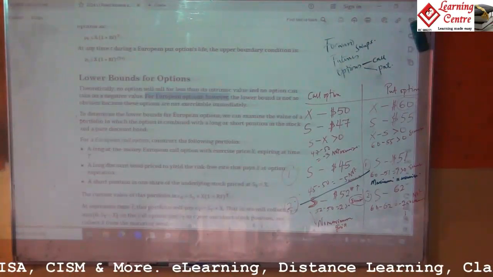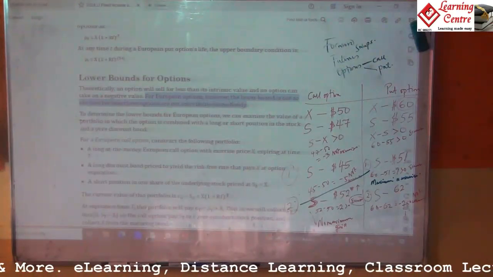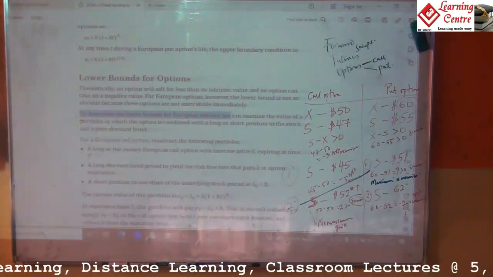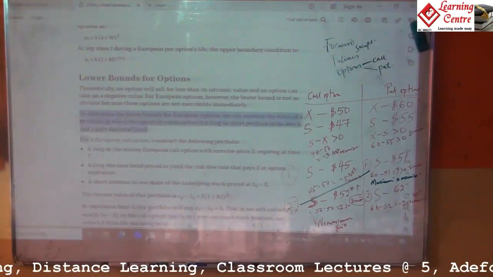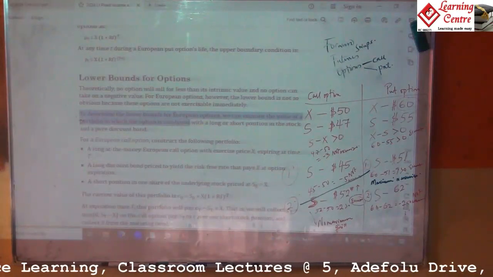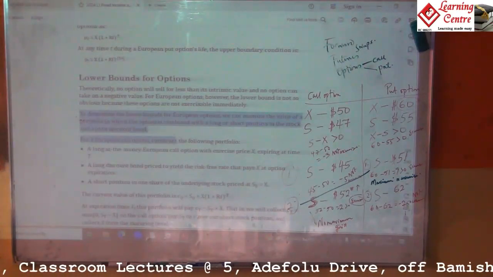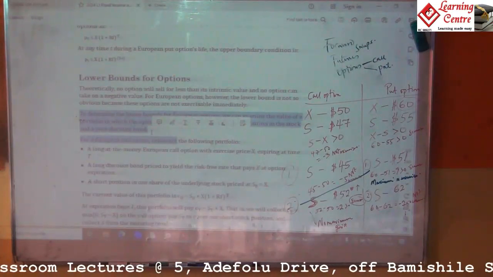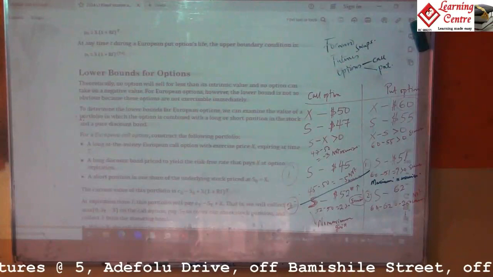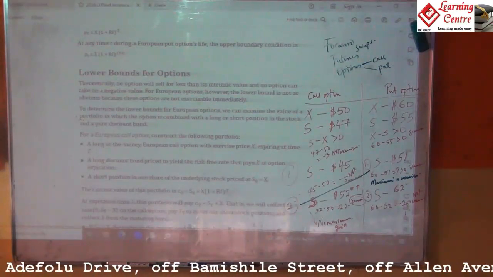For European options, however, the lower bound is not so obvious because these options are not exercisable immediately. To determine the lower bound for European options, you can examine the value of a portfolio in which the option is combined with a long or a short position in a stock and a pure discount bond. So what this is trying to say is to bring a completely different angle to it.